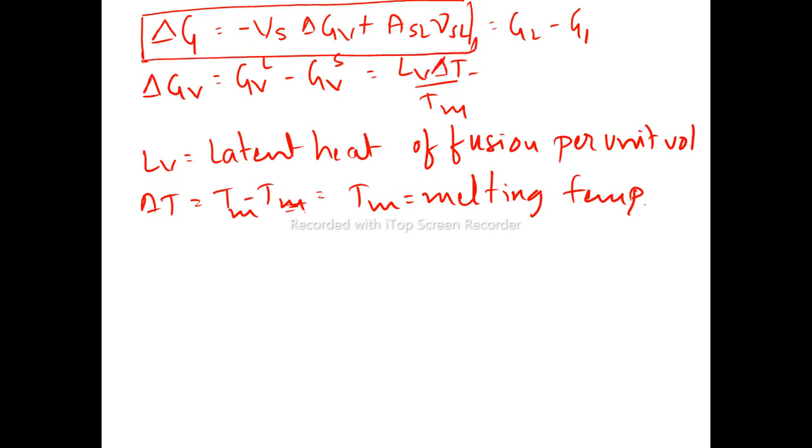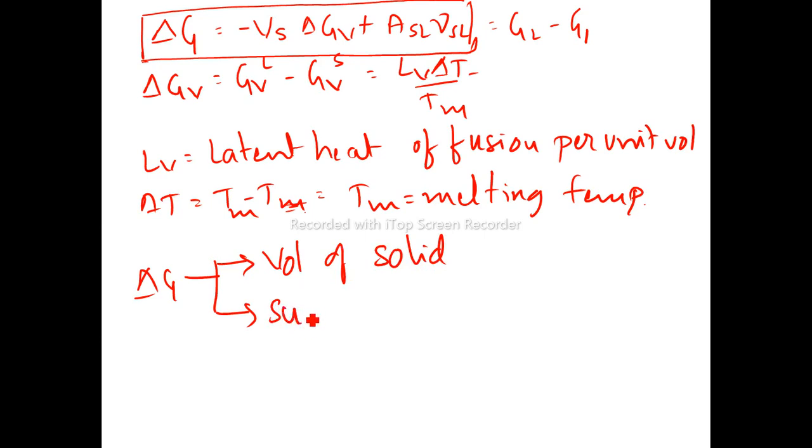How does this delta G depend on two things? First of all, the volume of solid that is formed, and the surface area.